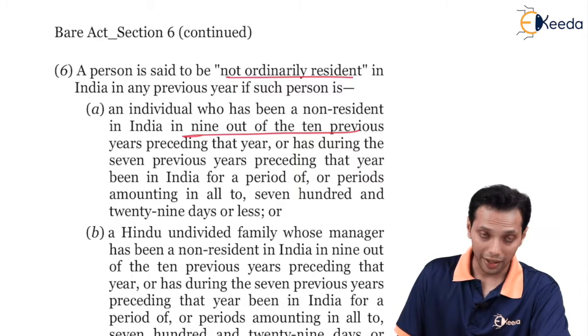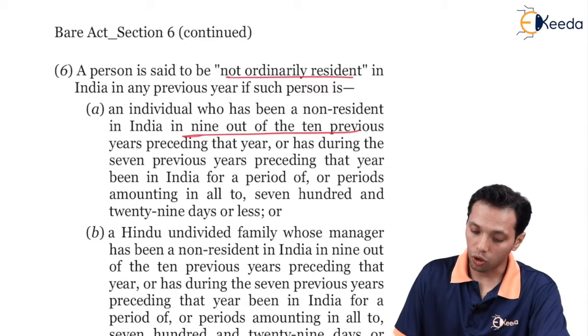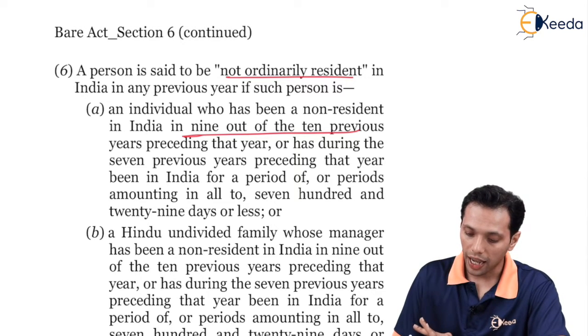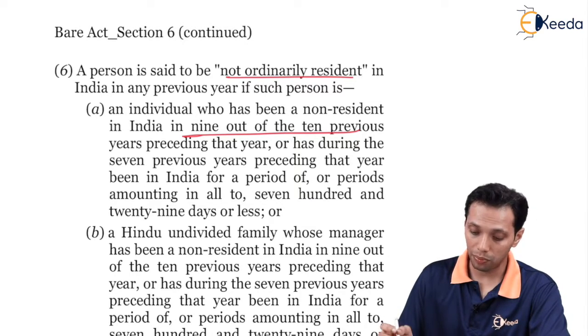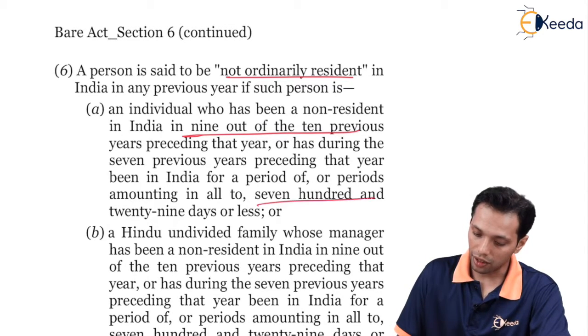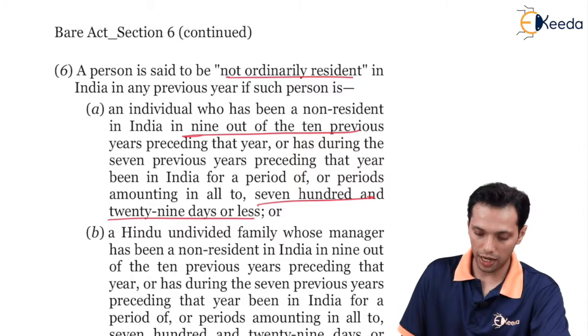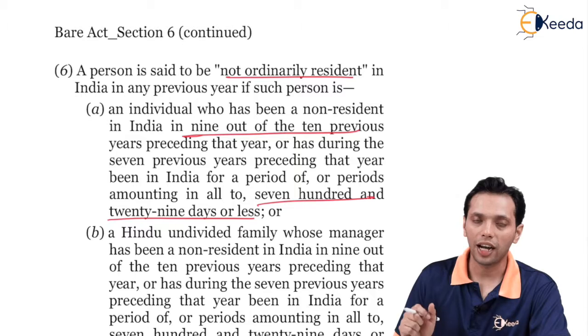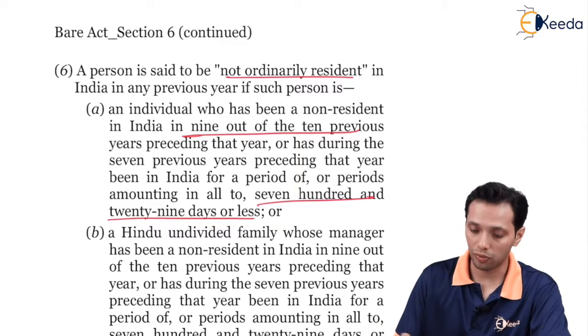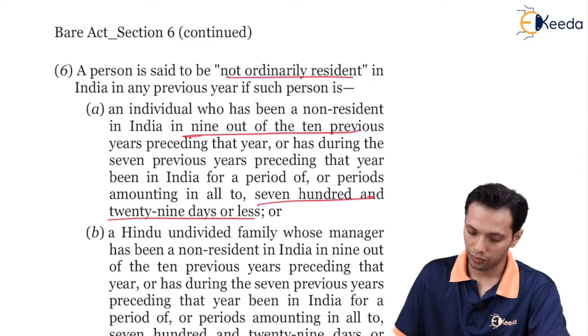Again, reading: an individual who has been a non-resident in India in 9 out of 10 previous years preceding that year, or has during the 7 previous years preceding that year been in India for a period or periods amounting in all to 729 days or less. So if he is at 729 days or less, then the criteria is not satisfied and the person will qualify as RNOR.